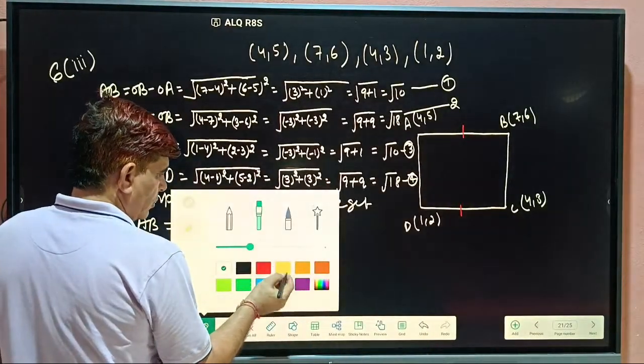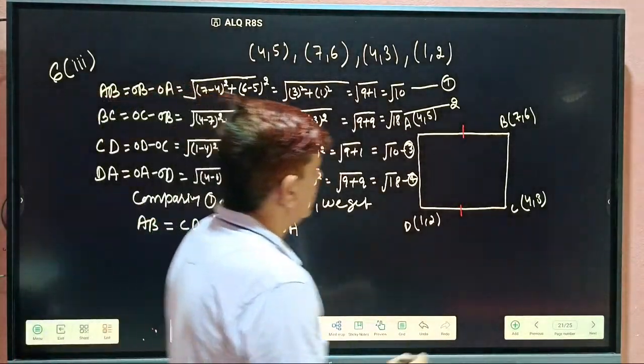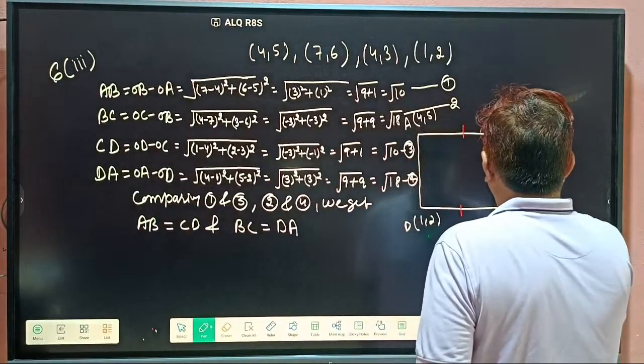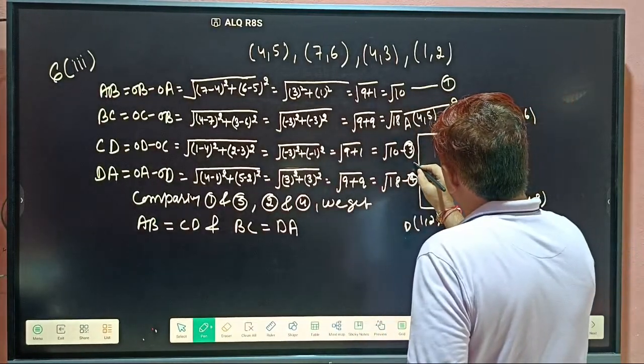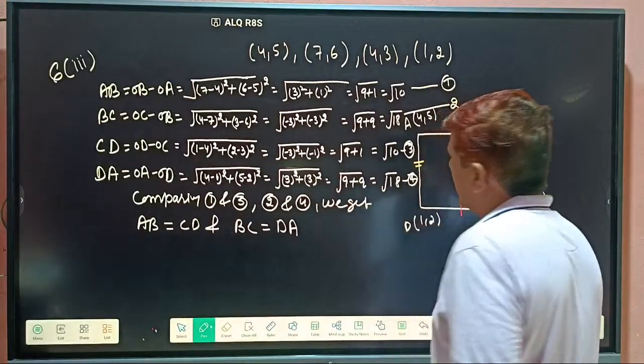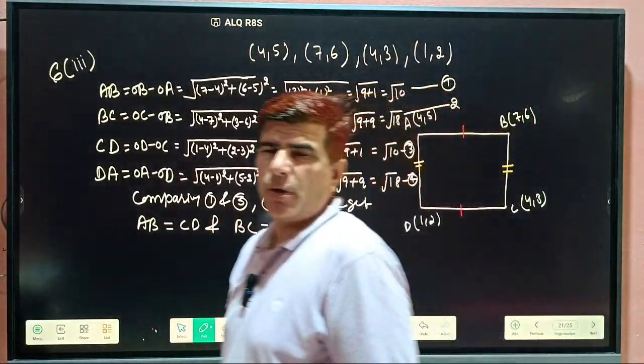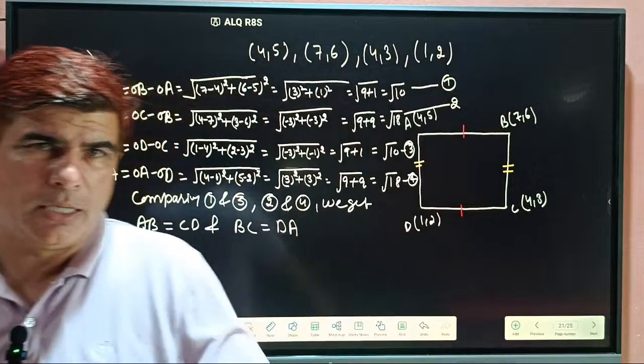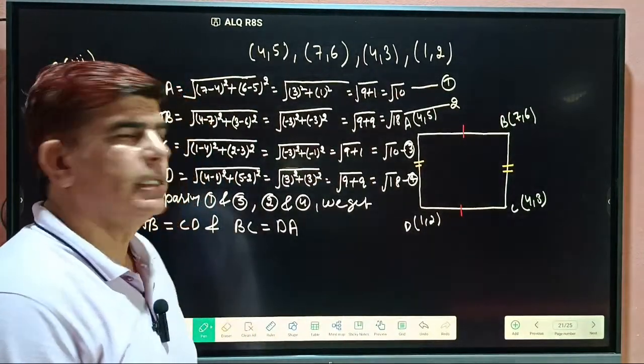Opposite sides of a quadrilateral are equal. So either it is a rectangle or it is a square.